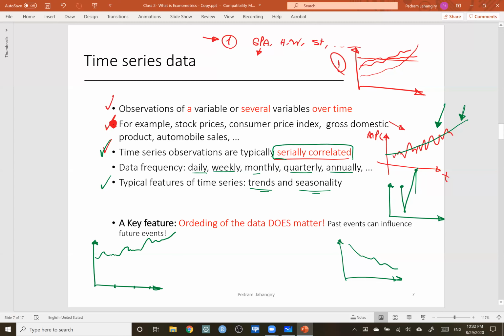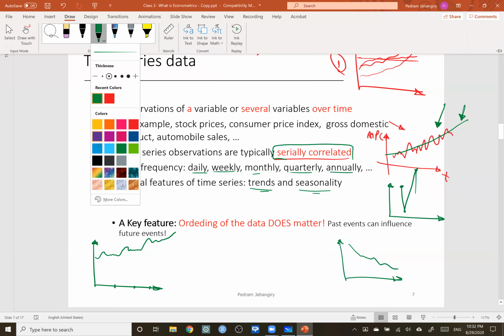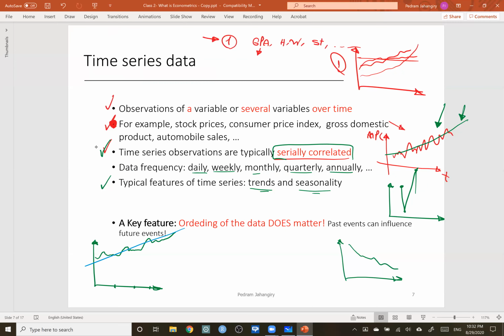So there is a general trend. The general trend is upward, but you see there's a seasonality. This is summer, summer, summer, summer, the price is higher. So this is trend versus seasonality. Again, I'll stop here because we're not going to talk about these terms in this course.